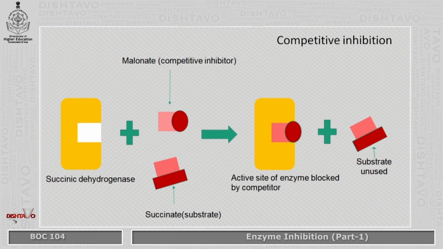If malonate succeeds, it goes and binds with the succinic dehydrogenase, blocks the active site and doesn't allow the succinate to form the enzyme substrate complex. As a result, succinate remains unused and does not form fumarate. So this is a very good example of competitive inhibition where both inhibitor and the substrate are competing.